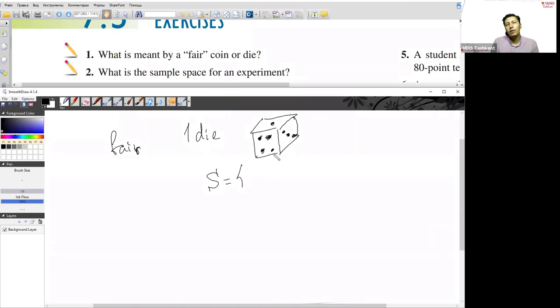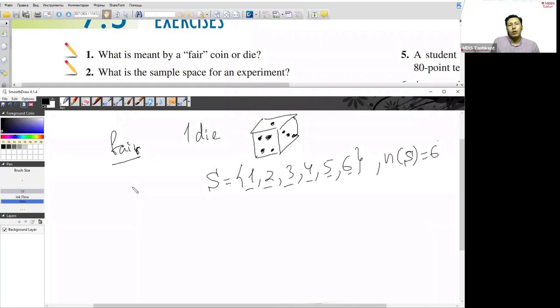If you roll a die, you may get 1, 2, 3, 4, 5, or 6. This is all the possible outcomes. So n(S) is the number of elements. We have 6. So fair means the probability of getting 1, 2, 3, 4, 5, or 6 is equally likely.